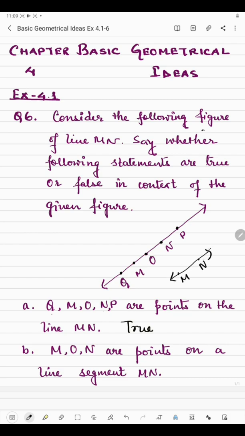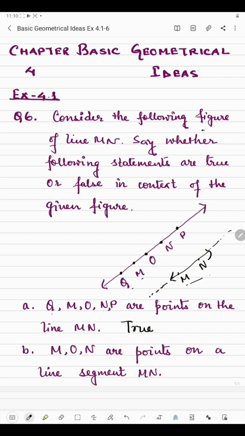Now we know that a line can be extended further. So there are many points on this line MN. So Q, M, O and P are points on the line MN. Though it is here and here, we know that since a line can be extended in either direction, these points are lying on this line MN.